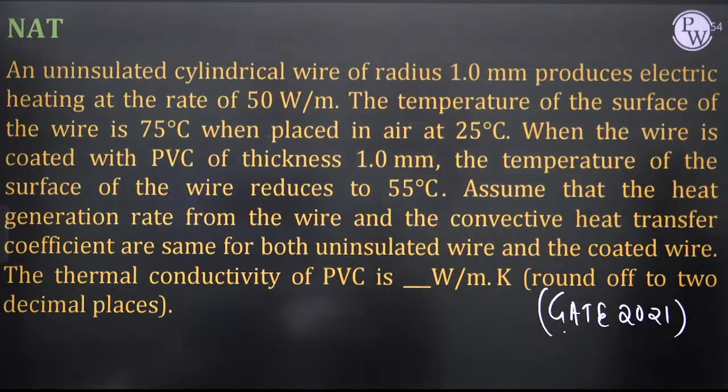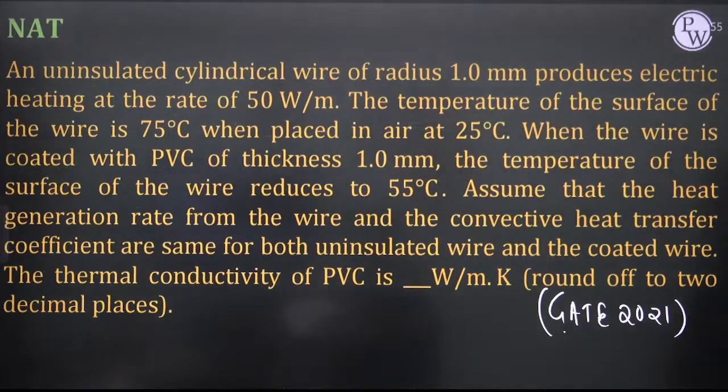Now see here: an uninsulated cylindrical wire of radius 1 mm produces electric heating at the rate of 5 watt per meter. The temperature of the surface of the wire is 75 degrees Celsius when placed in air at 25 degrees Celsius.